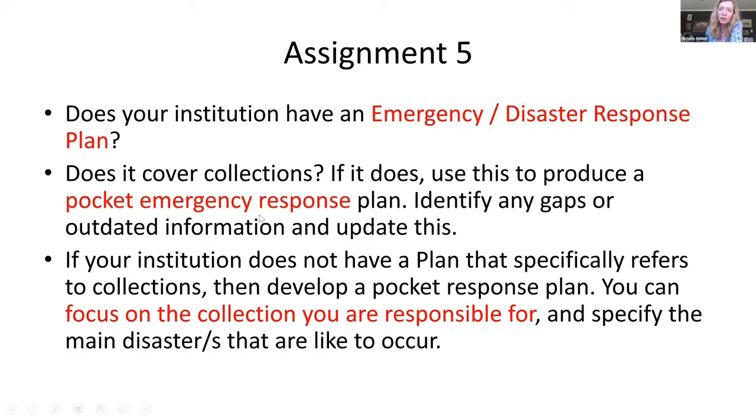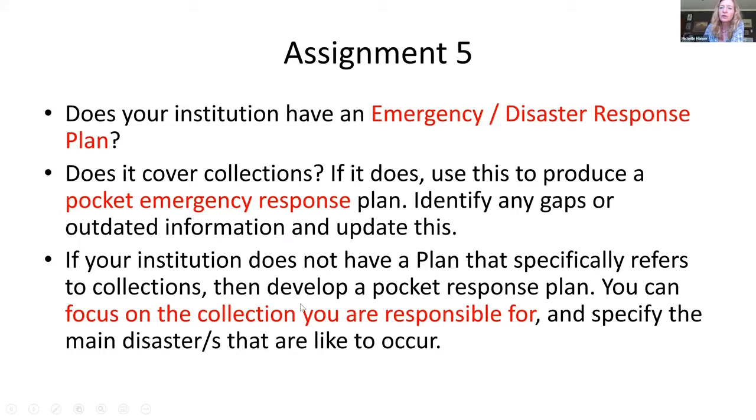So the first step is to look at if you've got something, then the second step is to say, does it include our collections? Because they would need quite different treatment if there was a disaster, or there may be disasters that just happen in the collections. Or an emergency might be specific to the collections. And if you don't have any plan, then the assignment is to start from scratch and develop a pocket response plan.